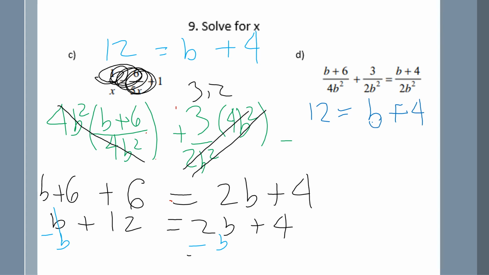So subtract 4 on both sides. 12 minus 4 is what? 8. B equals 8. That's essentially how you do that kind of problem.